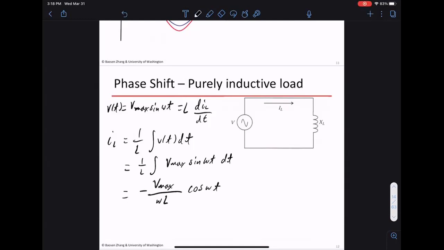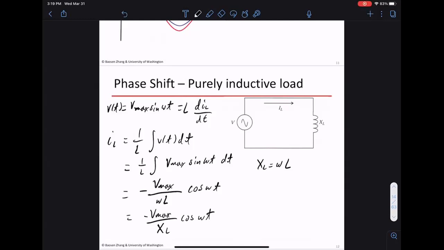This is the equation we get once we do the integral. You will often see the inductor being labeled XL equals the frequency times the inductance. So this is minus V max over XL cosine omega t.